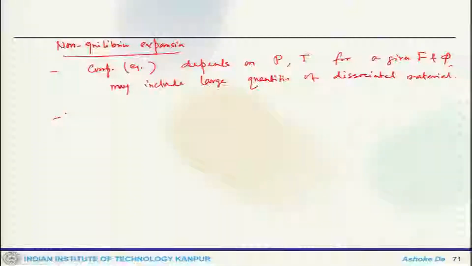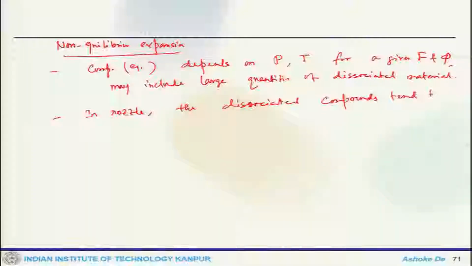Now, when you go to the exhaust nozzle, the dissociated compounds tend to recombine because of the temperature drop.